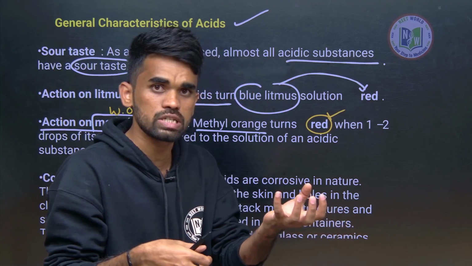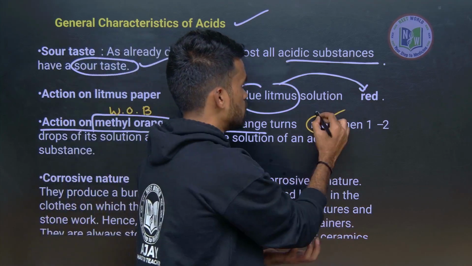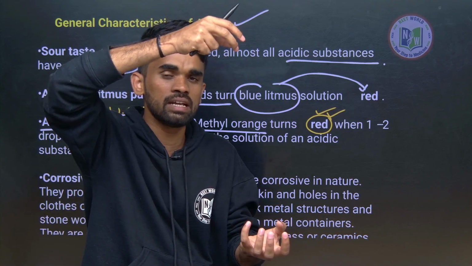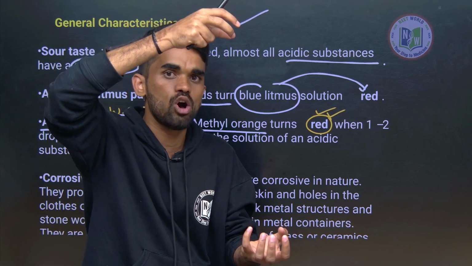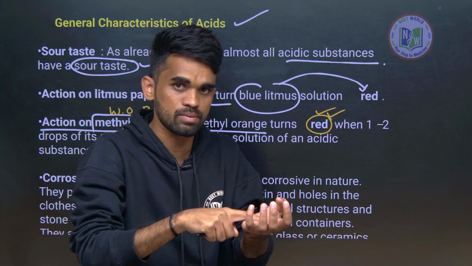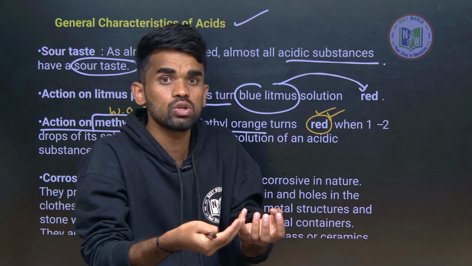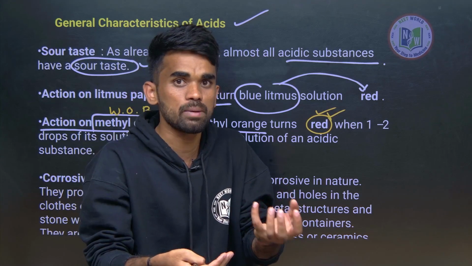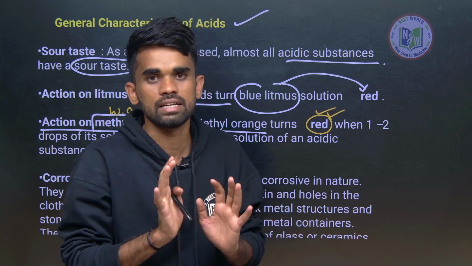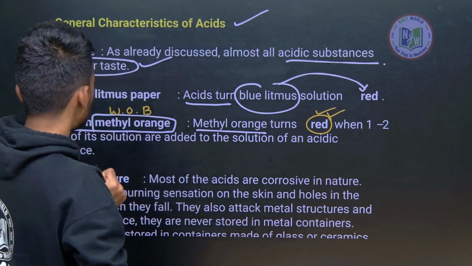The acid solution now appears red in color. Initially the indicator is orange, but when these 2 drops are added to this acidic solution, it converts into red color and the complete solution appears red. So this indicates that the solution is acidic. Hope it is clear.